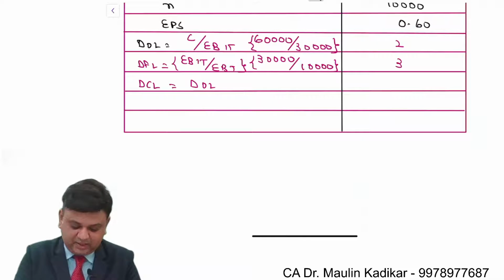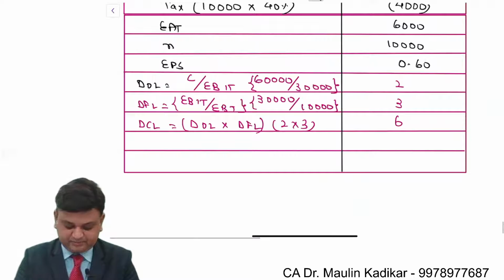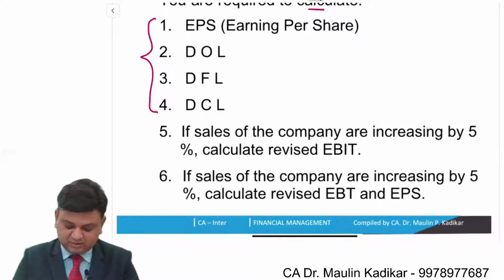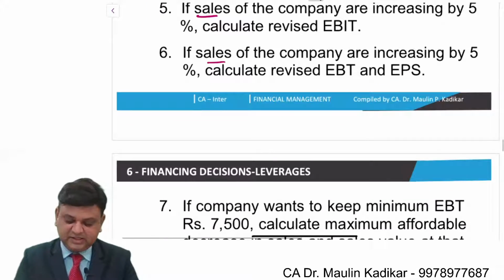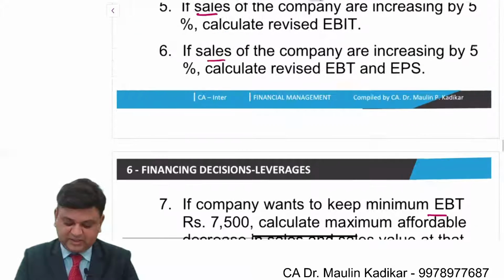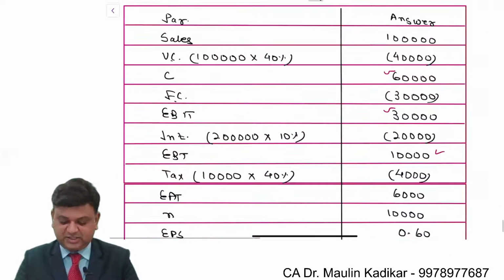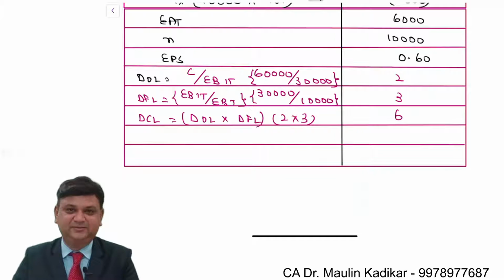It is DOL into DFL. So it is 2 into 3, that comes to 6. The question says further regarding if the sales is increasing, minimum EBT, increasing EPS. So on, the questions say regarding the change. But the first 4 questions are done like this.